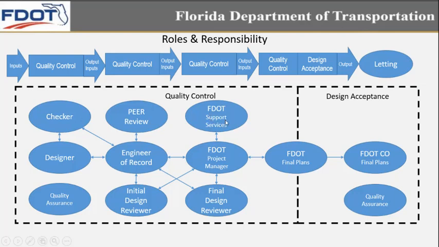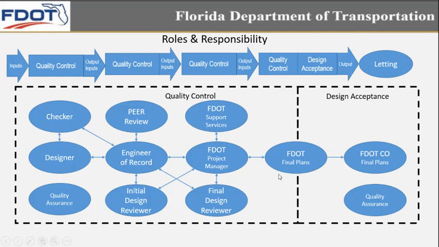And you see at the top, just above the FDOT project manager, is FDOT support services, because there are numerous personnel, as we spoke about earlier, that are there to provide support to the FDOT project manager and to the entire design team, although they may not be directly involved in reviewing the plans. This can be both the district and central office, any resources that are available, but not necessarily reviewing the plans.